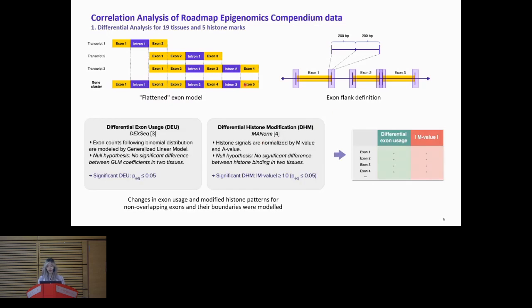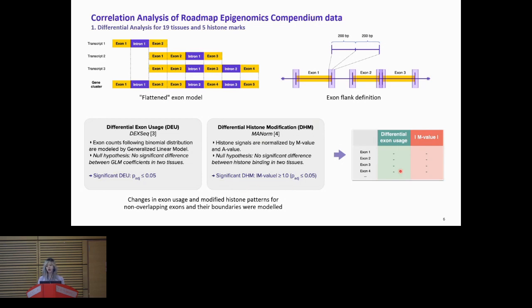Continuing in the pipeline, we have the differential exon usage analysis and the differential histone modification analysis, and we perform those two with DEXSeq and MAnorm respectively. We filter for the DEU events that are significant with an FDR of less than 0.05. Meanwhile, for DHM, we also use a threshold for the p-value and an M-value with an absolute value of more than 1.